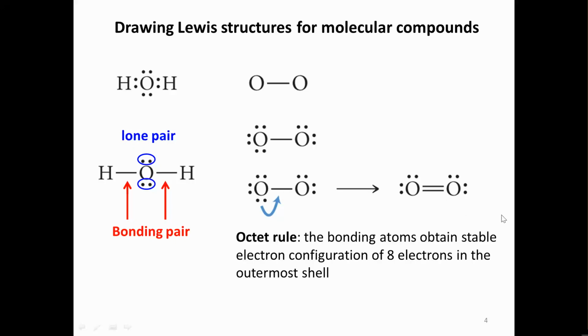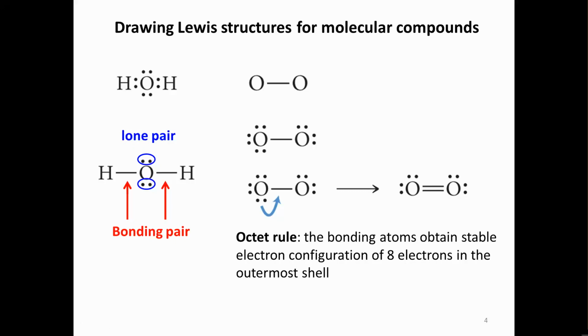This is the so-called octet rule, that bonding atoms obtain a stable electron configuration of 8 electrons in the outermost shell. If I take a look at the oxygen on the left, it has a total of 8 valence electrons. I count 1, 2, 3, 4, 5, 6, 7, 8. Remember, each single bond has 2 electrons involved.